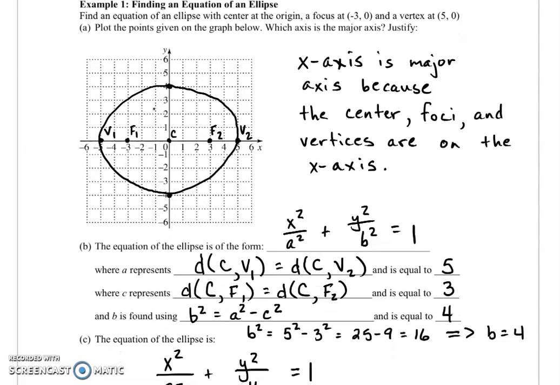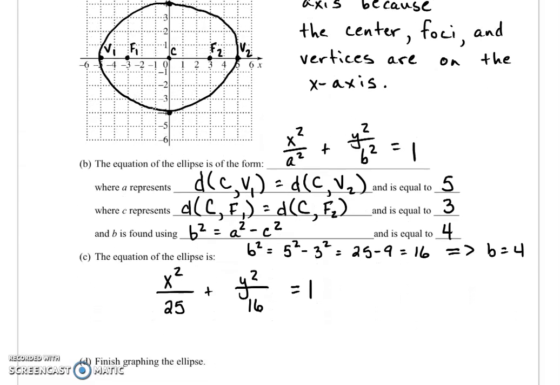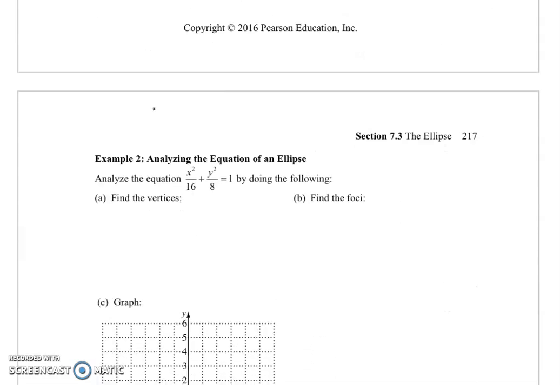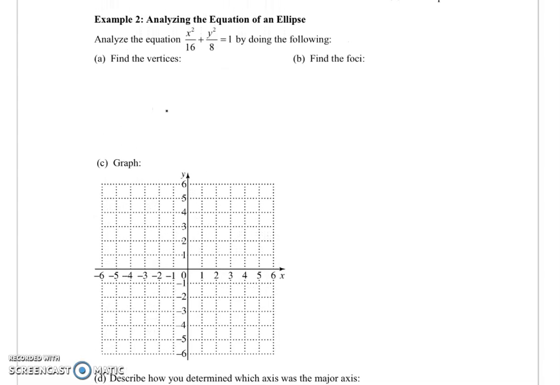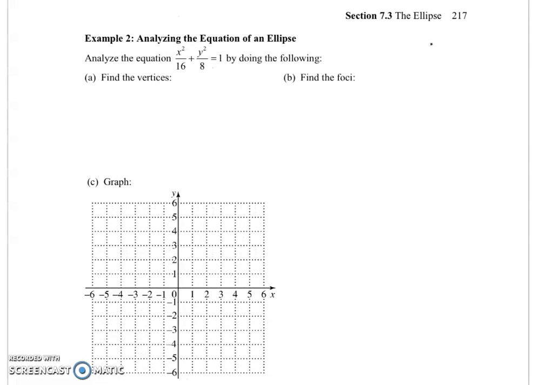Okay, let's try one more of these. This time they've given us the equation and they want us to figure out all the points so that we can graph it. So the first thing to notice here is we have x squared over 16 and y squared over 8.